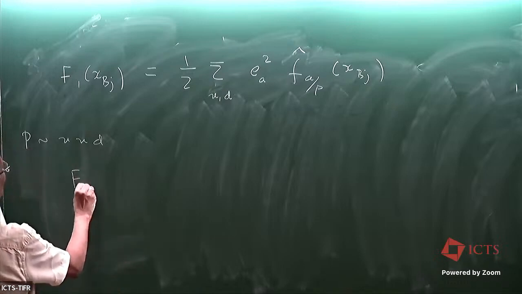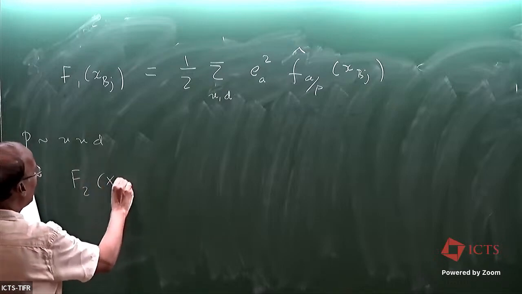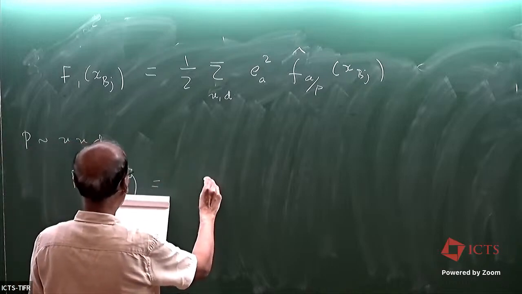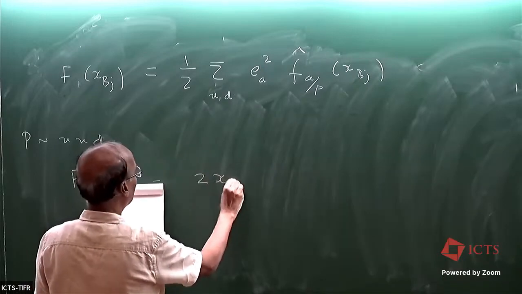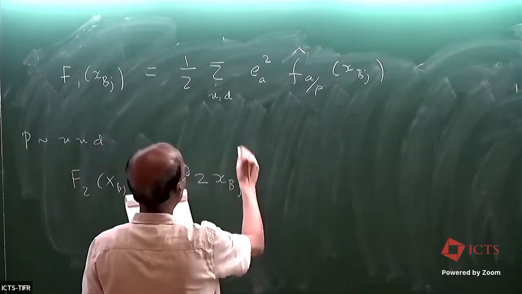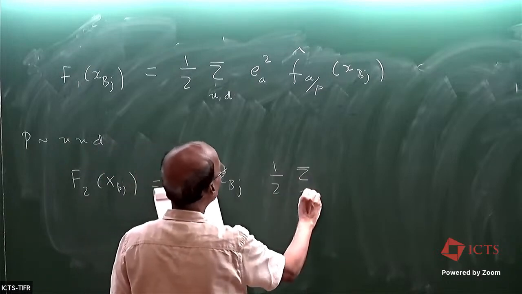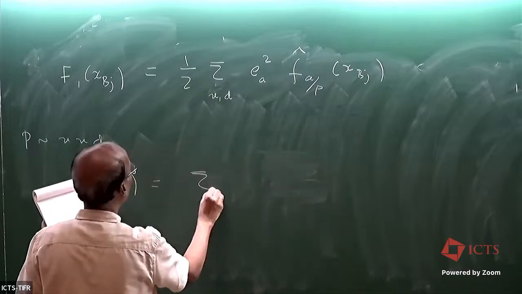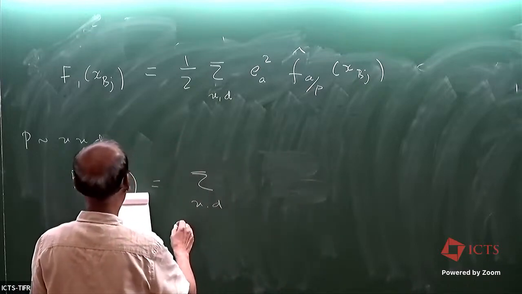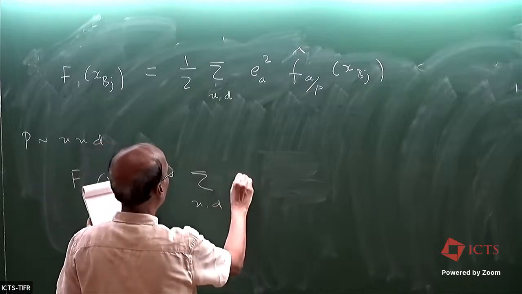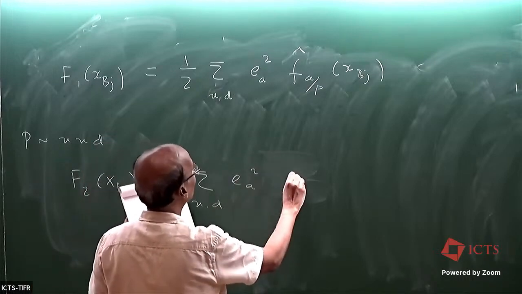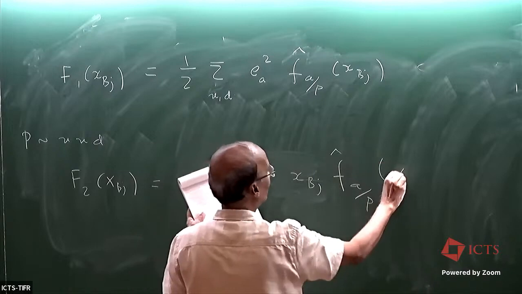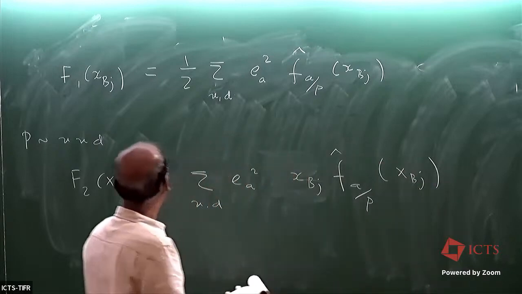Now F2, for example, if we calculate, that also should give you some interpretation. One finds that it is simply 2 times xbj times the same quantity, half of the sum over a. Let me just put this inside, which will make it a little more clear. The 2 cancels. So eq ea square xbj into fa in the proton of xbj.